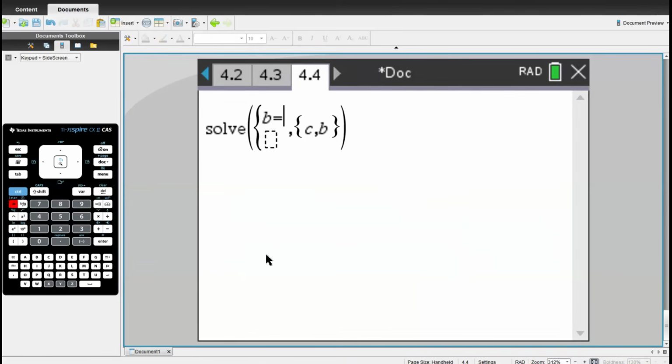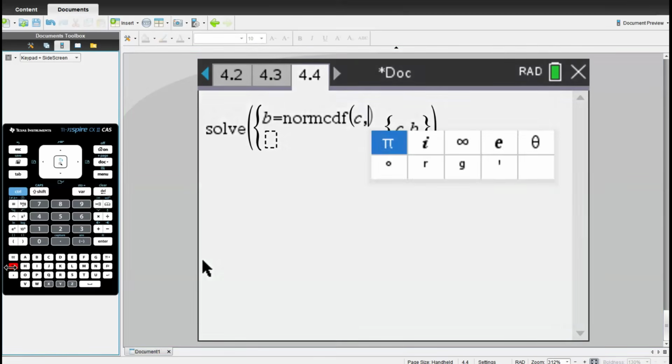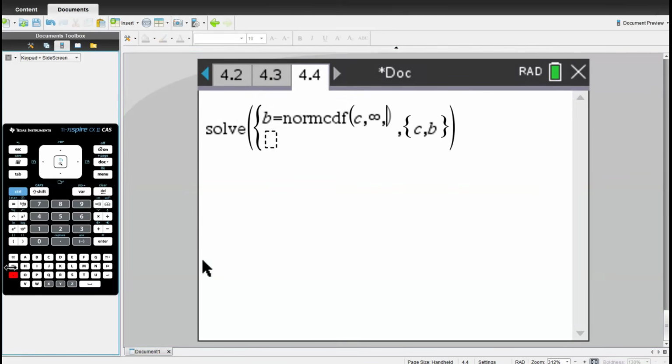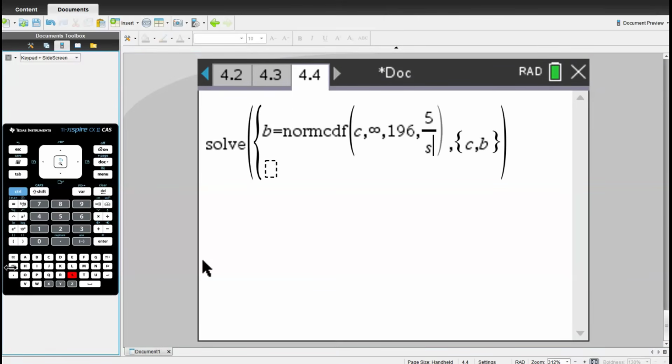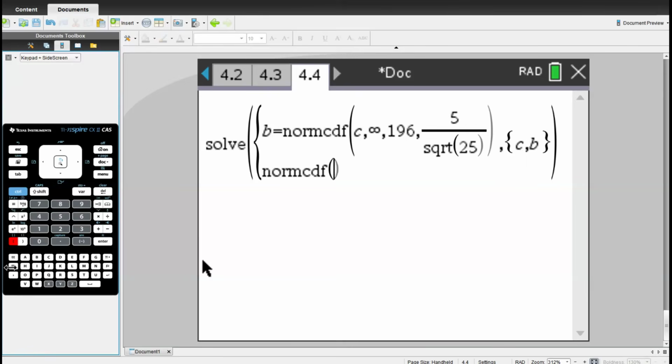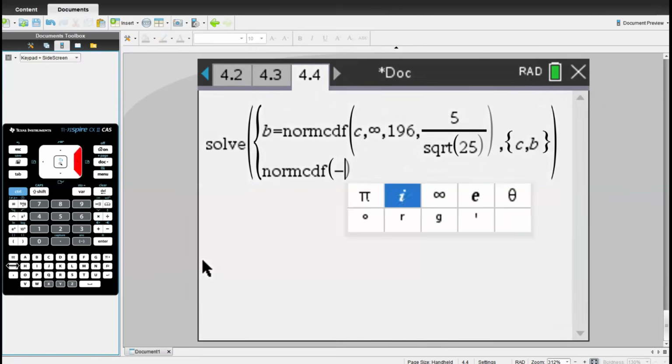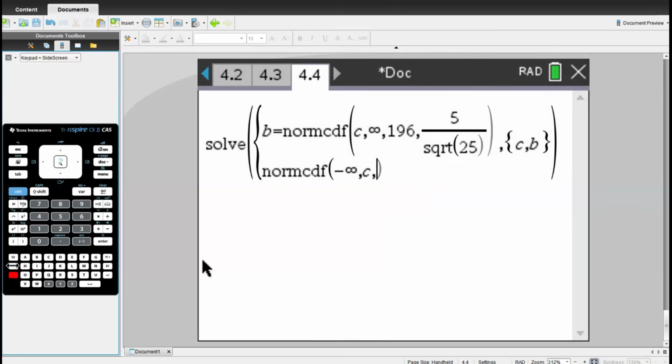So B value equals norm CDF C to infinity, comma, 196, 5 divided by square root of 25, or you can just type 5, and norm CDF minus infinity to C, 200, and maybe 5 divided by square root of 25 is 1, equals 0.05.